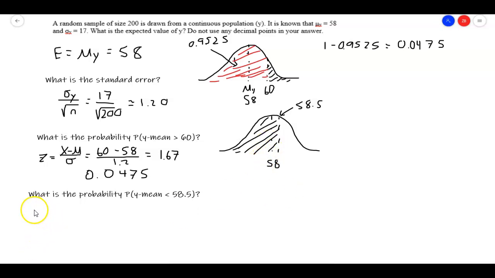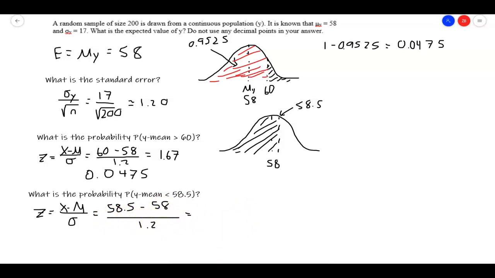I'm going to go ahead and convert this to a z-score so I can use my standard normal distribution. X minus mean over the standard deviation, which this time is 58.5 minus 58 all over 1.2.